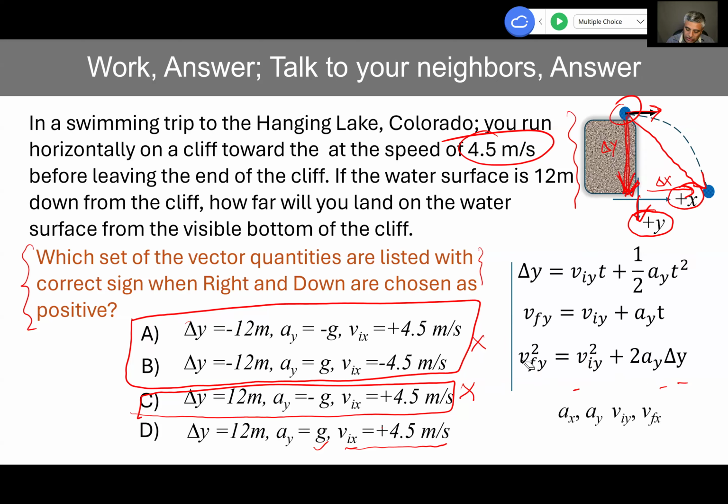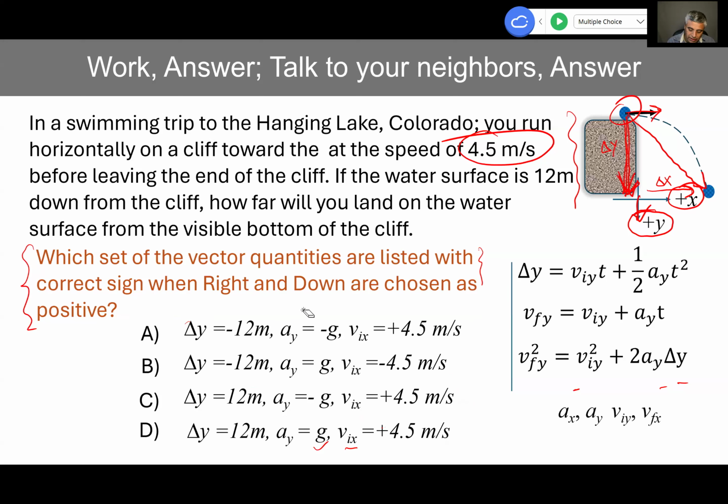Now once you have the things that are listed, you want to think in terms of using equations: which equation to use in the horizontal direction and which equation to use in the vertical direction. That's the next step. Often in a classroom, there is a question and the teacher starts writing the answer.